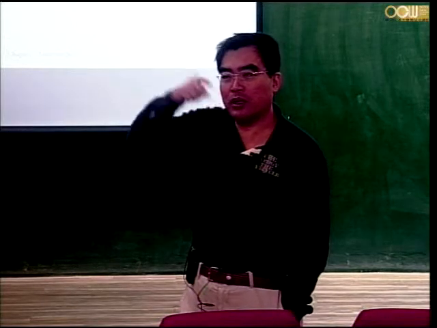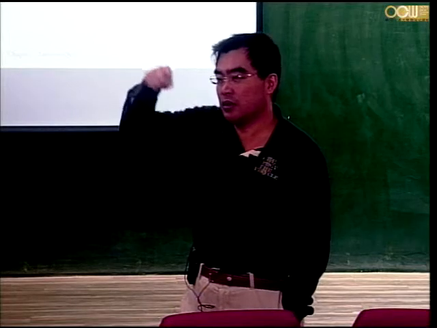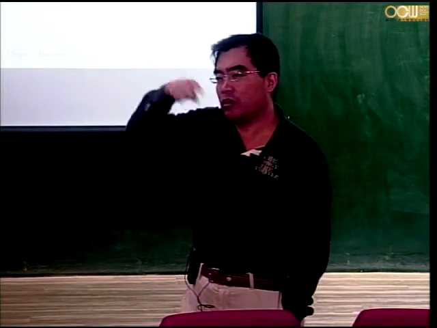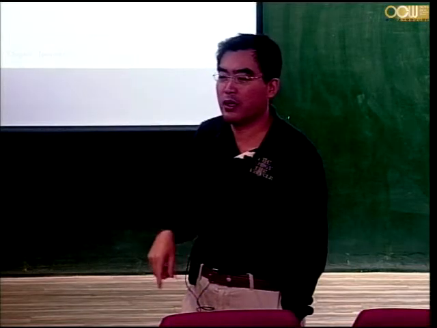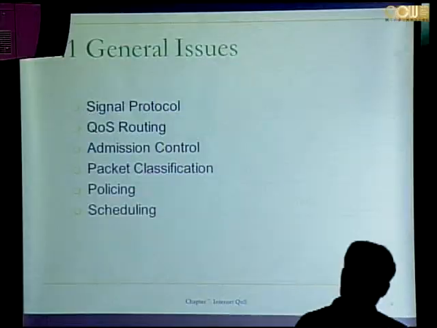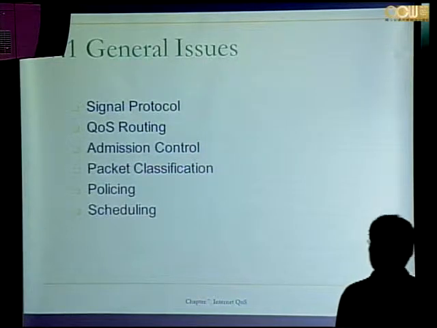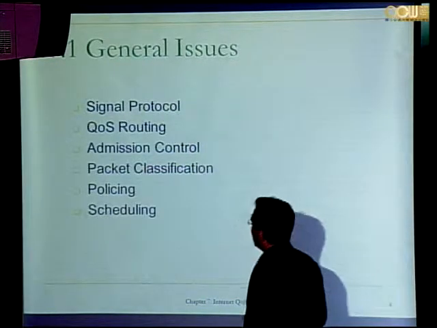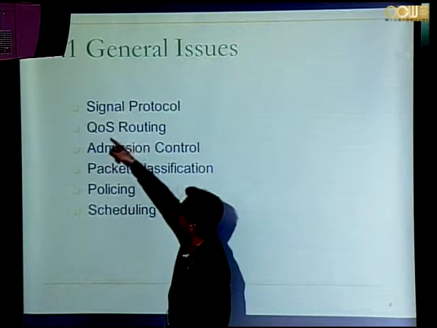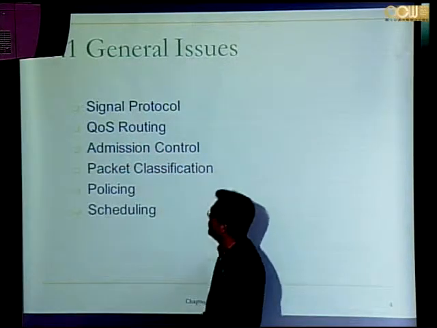I only know the cost of each link. I don't know how much bandwidth they have. So now you need to put the bandwidth as one parameter of the link in order to decide which path to go through.